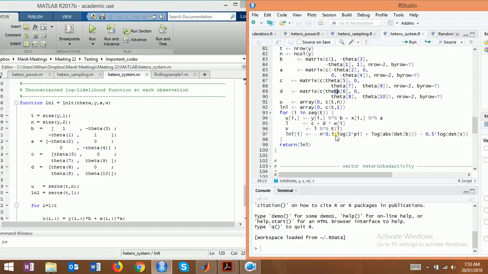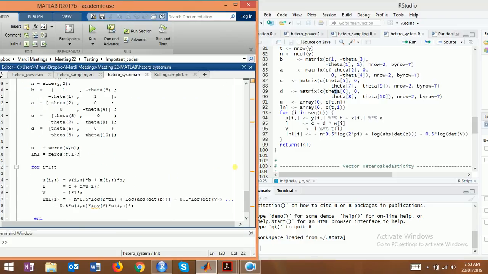So again, array 0 C t n, array 0 C t 1, for i in sequence t, u y b x, L C w i v L L transpose. This is S, basically S S transpose, then the log likelihood function. So this is important because we are doing maximum likelihood on a system of equations.